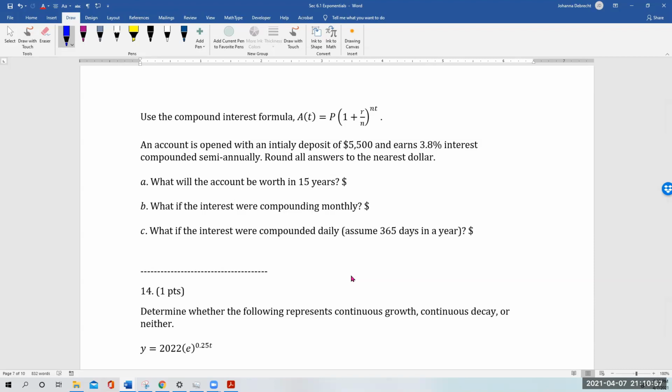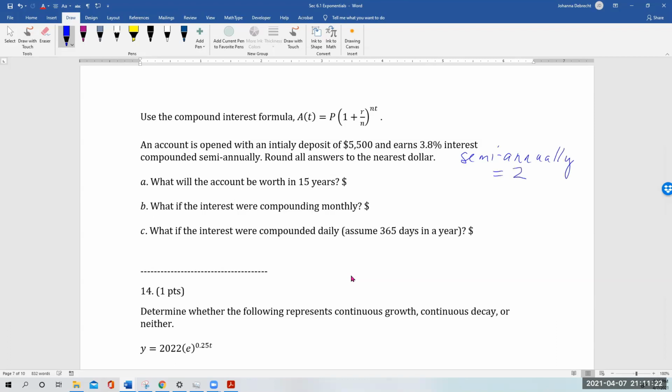I don't like the term semi-annually because it could mean every 2 years, or it could mean twice a year. However, most of the time in textbooks, when they say semi-annually, they mean twice a year. So we're going to assume that they mean 2 times a year.